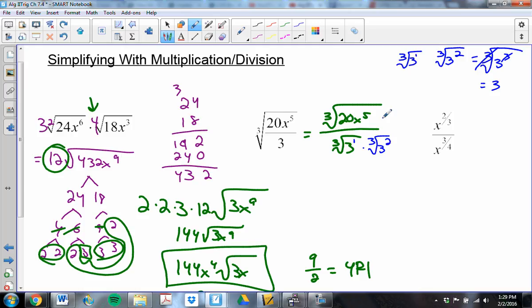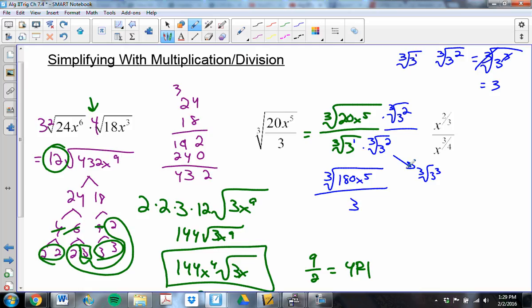So I do this. I multiply by the same thing on top and bottom. I'm really multiplying by this big old 1. And that allows me to get on top the third root of 9 times 20 is 180. And on bottom I'll just have 3. Because this is really the third root of 3 to the third, which is just 3.